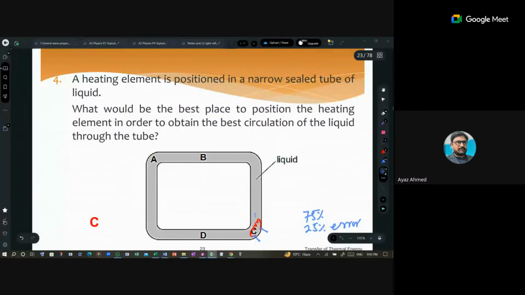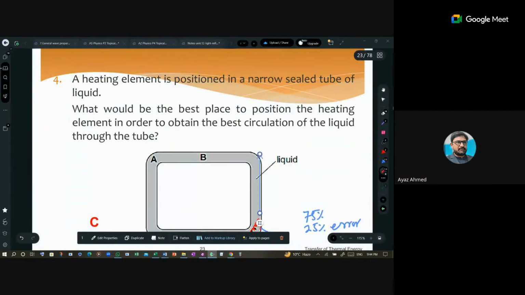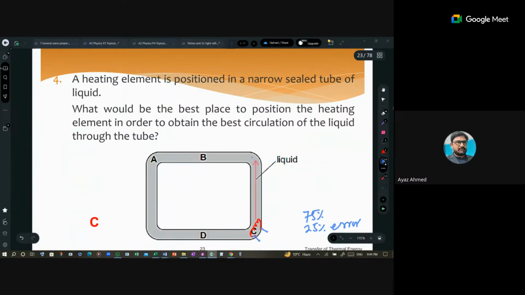Yahya told that hot molecules will move up. Yeah, I agreed. But there is another option: when hot molecules are moving up, they would transfer the heat like this, and then they would move down from here and reach this point.